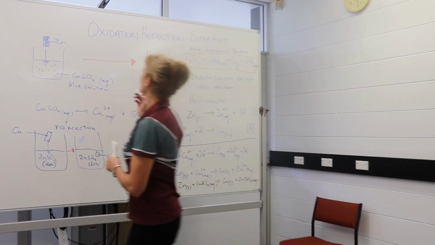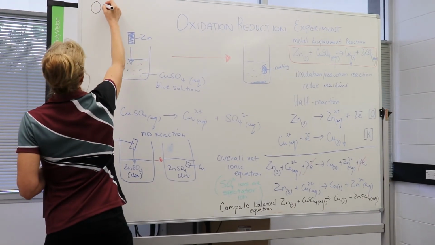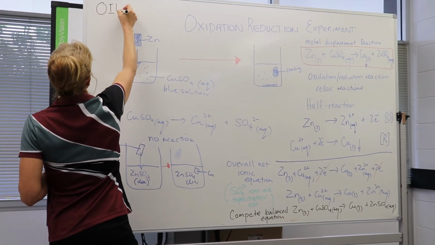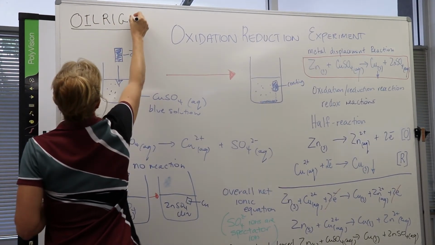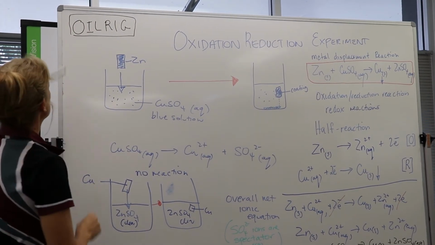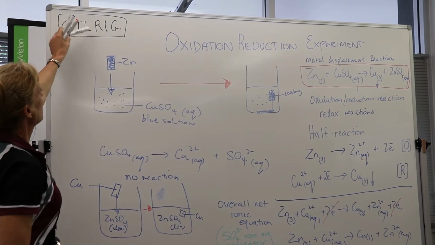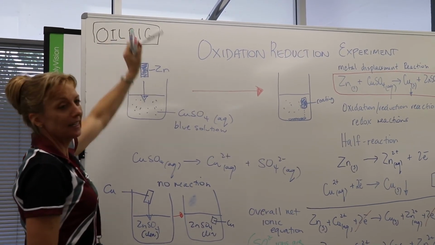There's an acronym, OIL RIG. Have you heard of that one before? OIL RIG. There are many, but I like this one. What that stands for is oxidation is loss of electrons, reduction is gain.